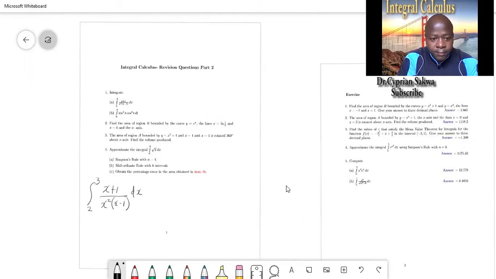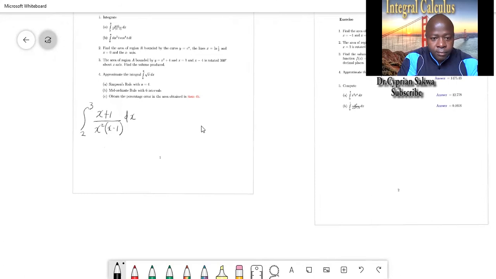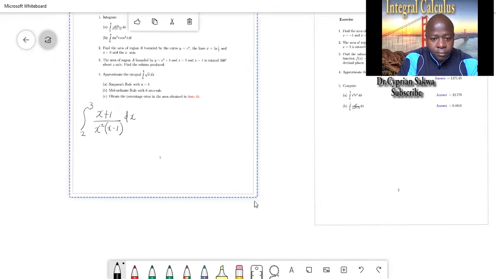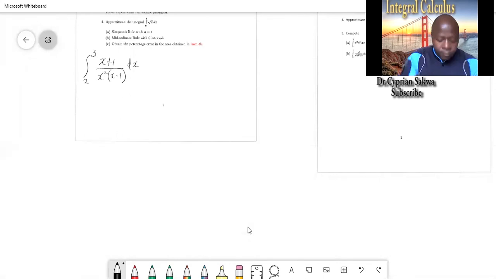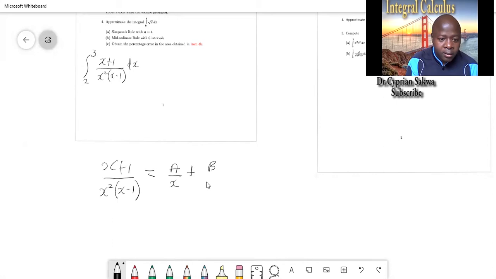We would have x plus 1 over x squared into x minus 1 written as a over x plus b over x squared plus c over x minus 1.